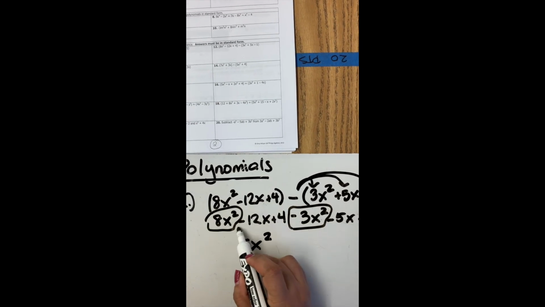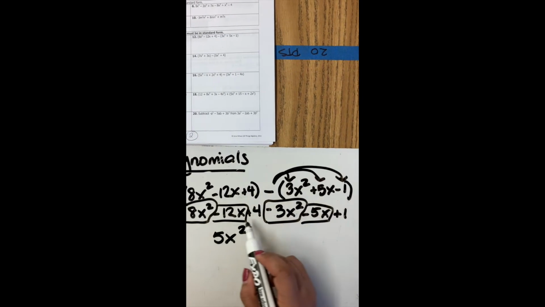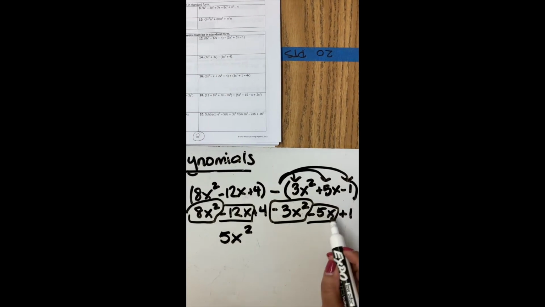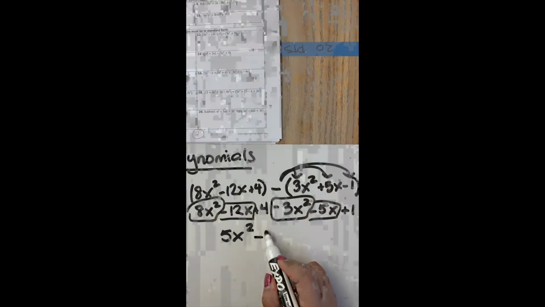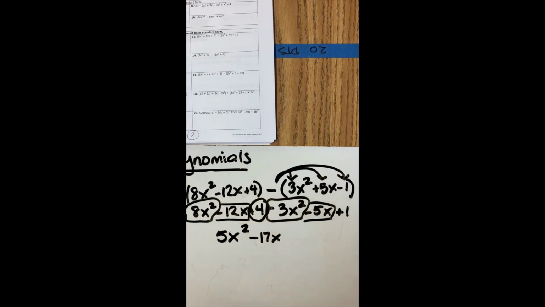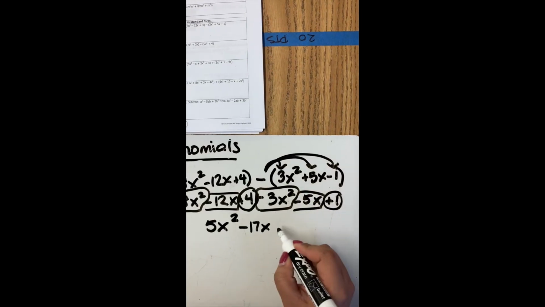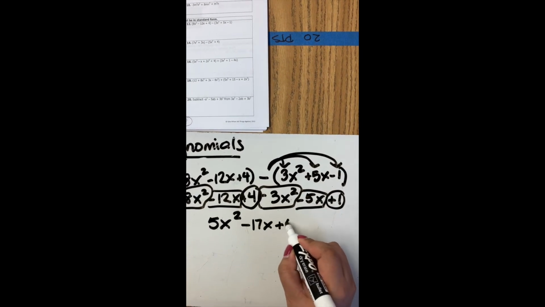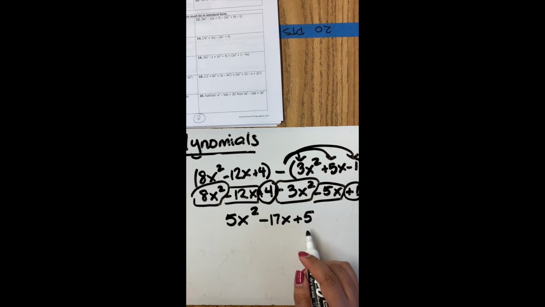The next one is a negative 12x and negative 5x. They have the same variable. So we're going to combine negative 12 and negative 5 to get negative 17x. The last thing is combining the constants. That's a positive 4 and a positive 1. This is a positive 5. This is now in standard form.